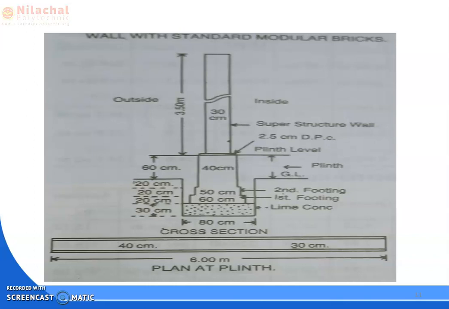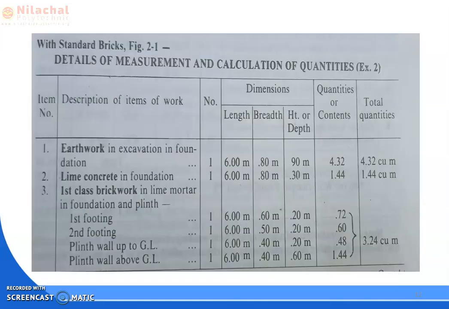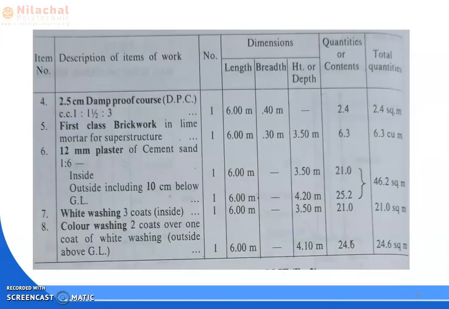In case of first class brickwork in lime mortar for superstructure, the number is 1 and the length is 6 meter, as already discussed. For every item, first footing, second footing, cement concrete, plinth, DPC, we consider 6 meter length, so the brickwork is also 6 meter.